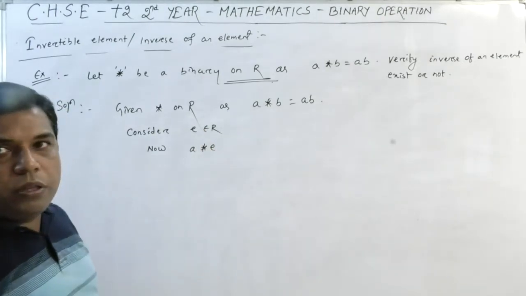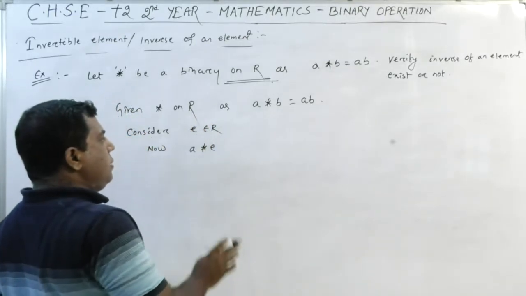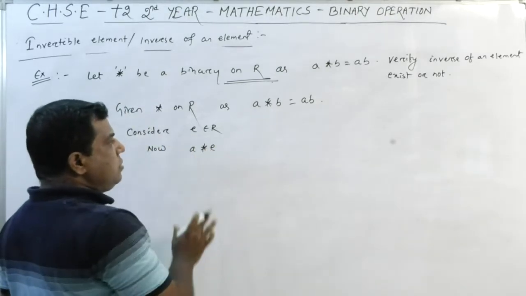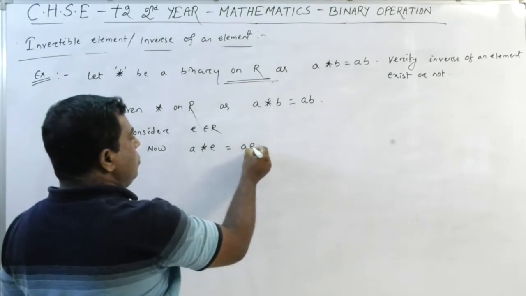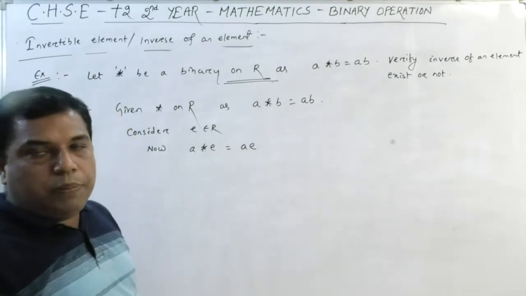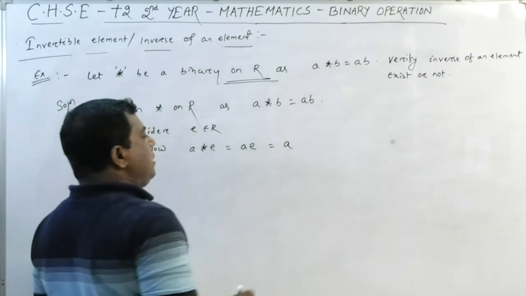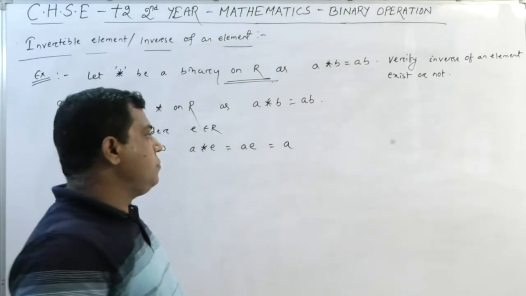How do we check whether the inverse exists? First of all we go for the identity. Some element E belonging to R, and if we claim E as the identity element, then A star E equals AE as per the definition. But A star E should equal A if E is the identity.